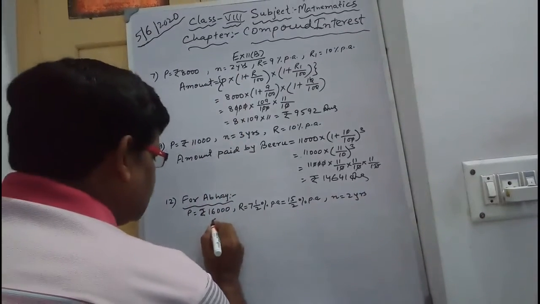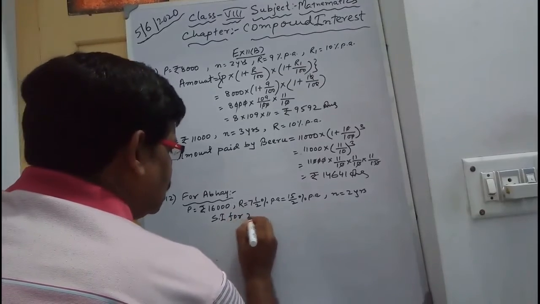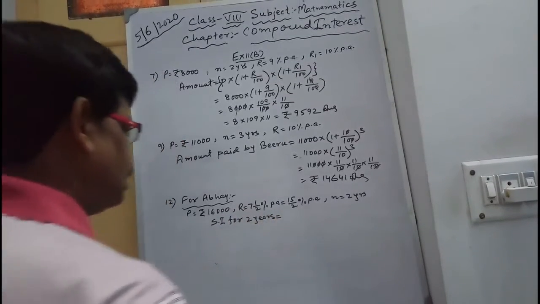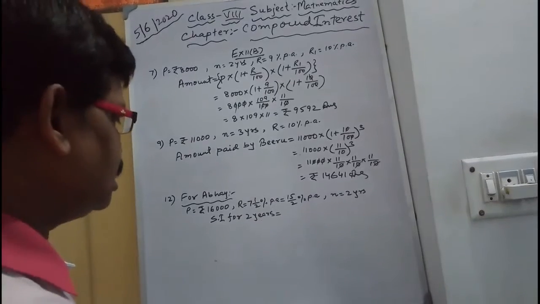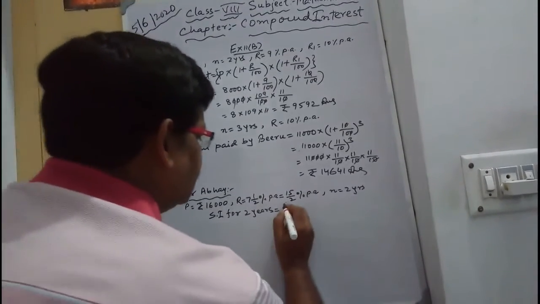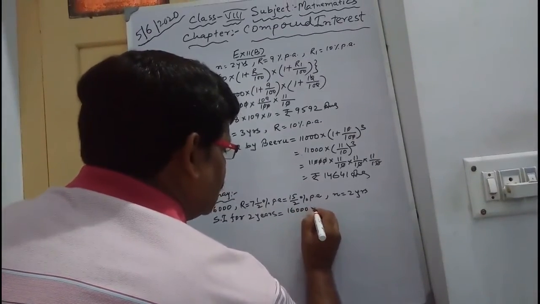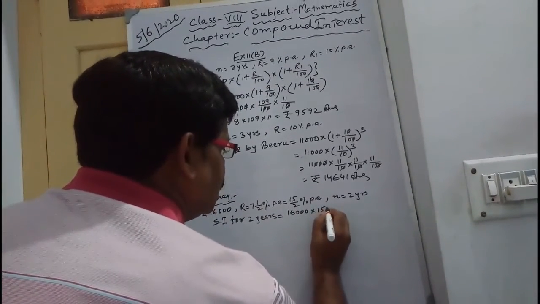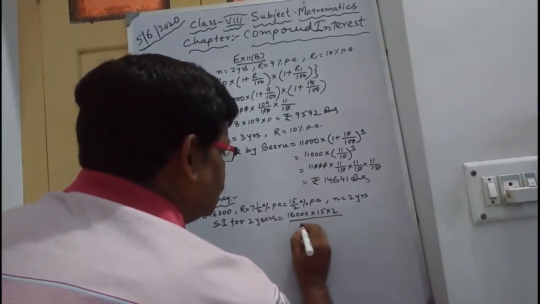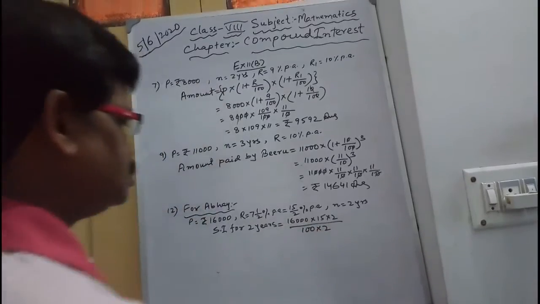So simple interest for 2 years. Simple interest formula is P into R into T by 100. Here P is 16,000, R 15, into T, that is N, 2 by 100 into this 2.